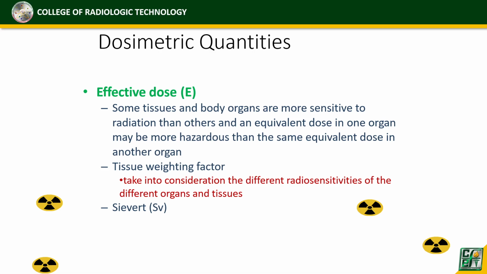So meaning each organ have their own radiosensitivity. Okay, the more radiosensitive an organ is, the more it is prone to radiation exposure even in low doses. Ibig sabihin kahit low doses siya, kung mataas ang radiosensitivity ng organ na yon, it can cause damage compared to another organ na mababa ang radiosensitivity.